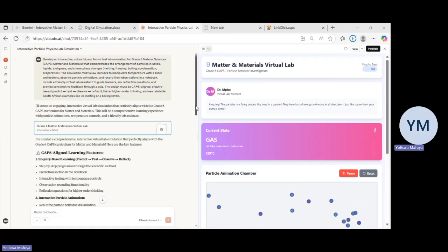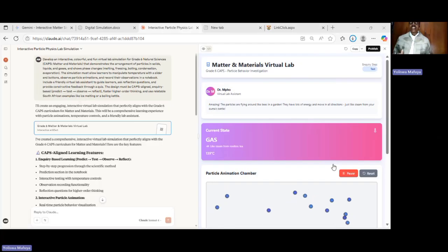The reason why I said a virtual lab is that the majority of schools in South Africa range from quintile 1 to quintile 3, meaning they do not have access to basic needs in schools. This not only includes books and stationery, but it goes to an extent where schools don't have or do not use computer labs, they do not use science labs, and they don't have access to technology.